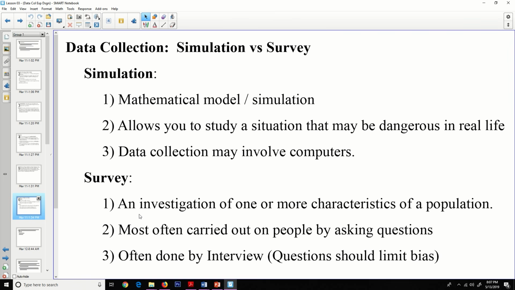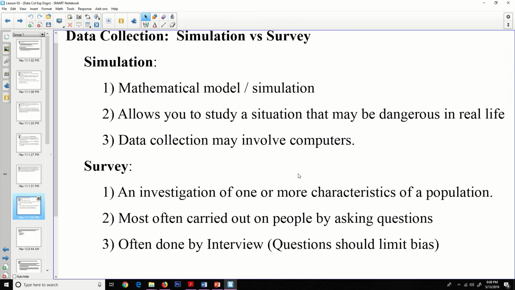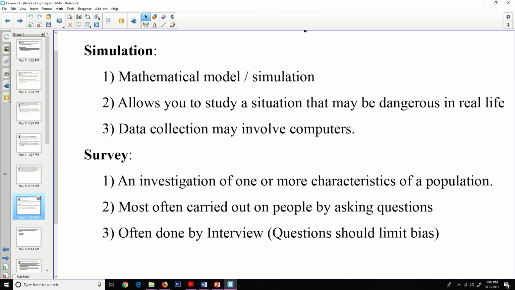In a survey, we're talking about an investigation of one or more characteristics of the population. This is most often carried out by people asking questions, often done by interview. And when you're writing your questions, you should limit your bias. And clearly, there are a lot of ways that you can ask a question that has a bias in it.